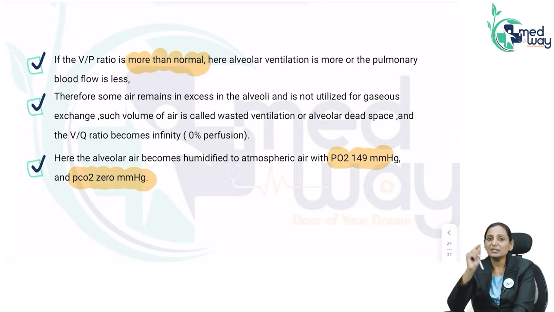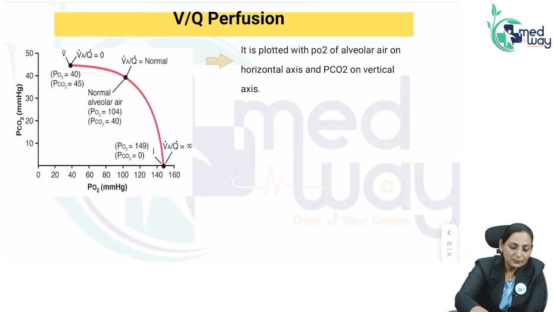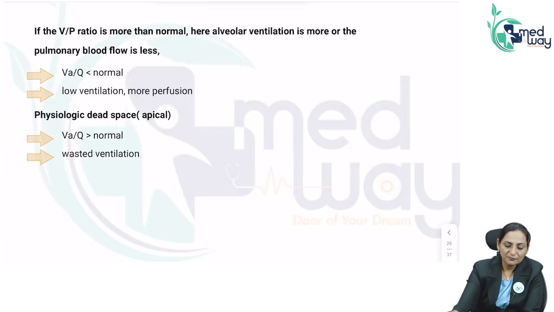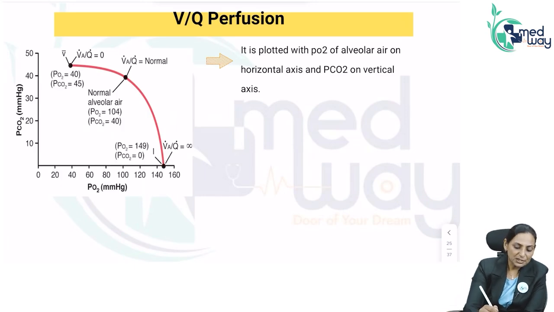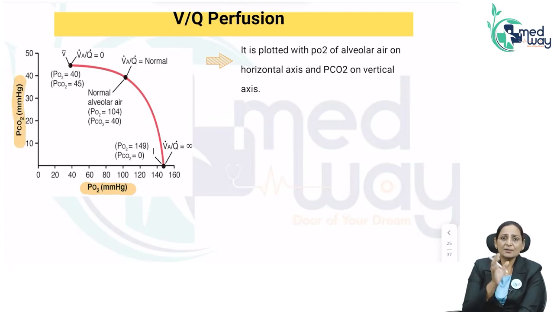And what would be the oxygen and the carbon dioxide partial pressures? So this ventilation perfusion graph is plotted with the partial pressure of oxygen on the x-axis and the partial pressure of carbon dioxide on the y-axis. Very, very important graph-related question.